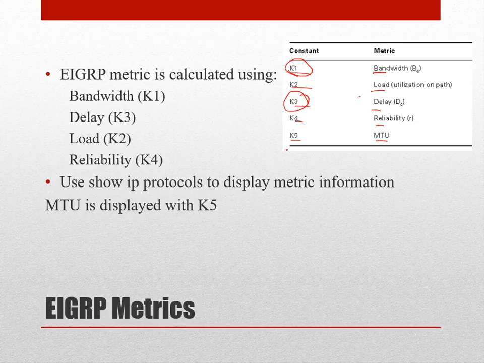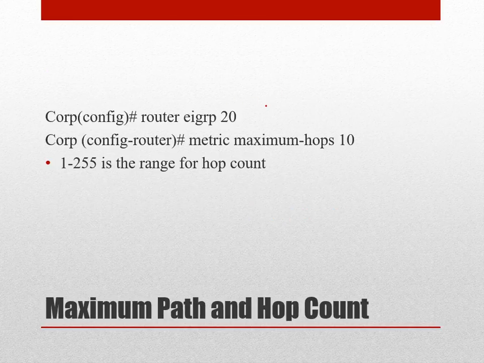And what it does is turn the bits on or off with a 0, 1, 0, 1, 0, 0. And there's another one in it that can only have a value of 0 when you actually make the change. But the metrics that it uses are bandwidth and delay, and you can change those configuring the interface if you want to, using the bandwidth command.